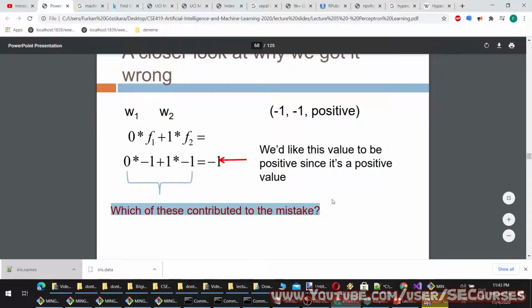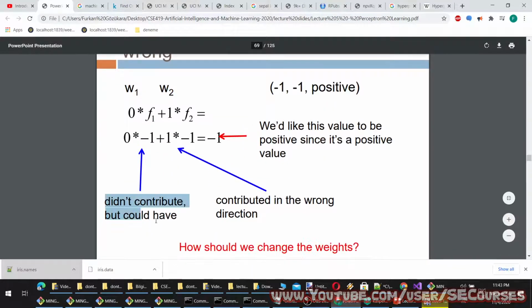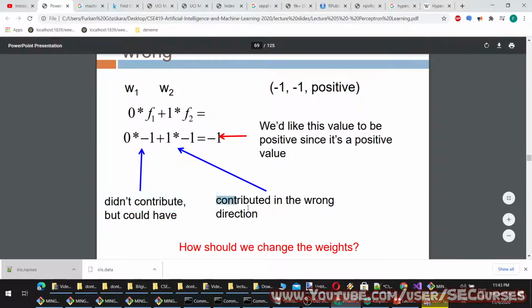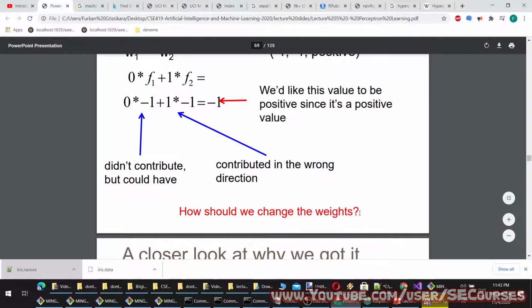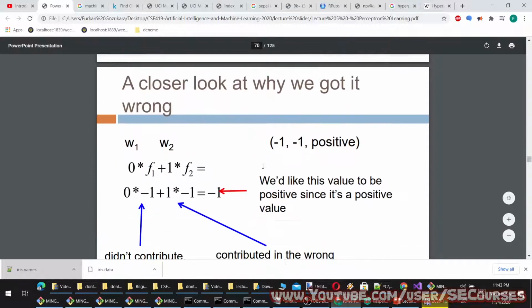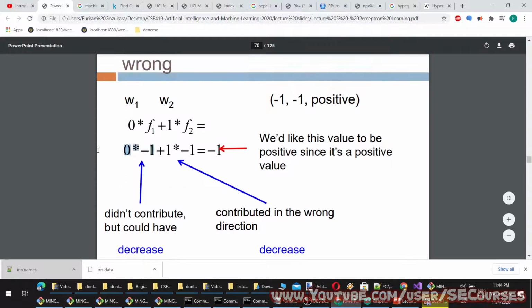again. Which of these contributed to the mistake? So this didn't contribute. Didn't contribute, but could have. Contributed in the wrong direction. How should we change the weights? So we decrease the one that didn't contribute, because when we decrease this one, this will contribute in the positive way.